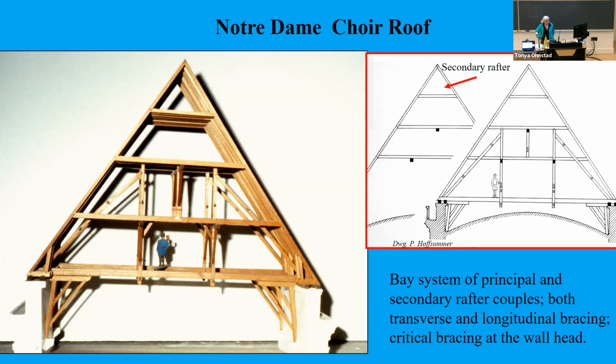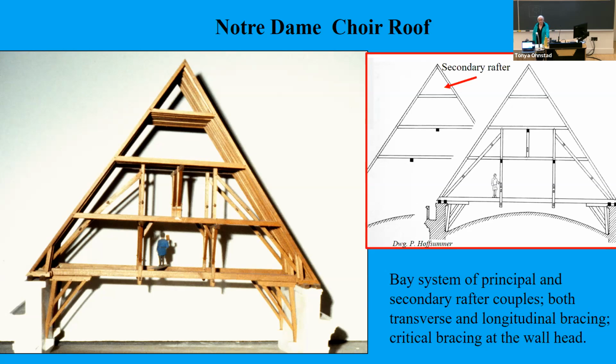Looking at what the carpenters actually built, we can ascertain what they were concerned about, what was driving the design. And as you know, Notre Dame of Paris was the tallest building in the 12th century. It was the skyscraper of Paris, the tallest building in Paris before the Eiffel Tower.